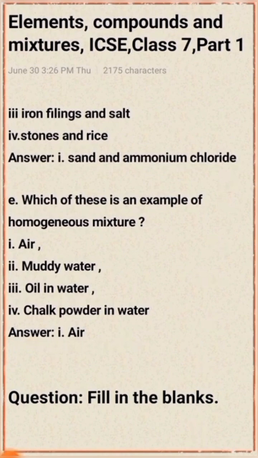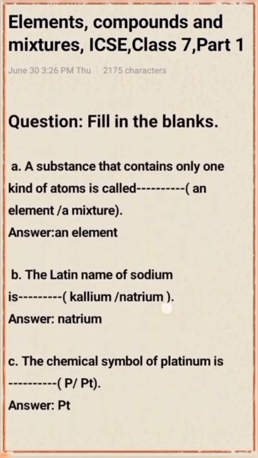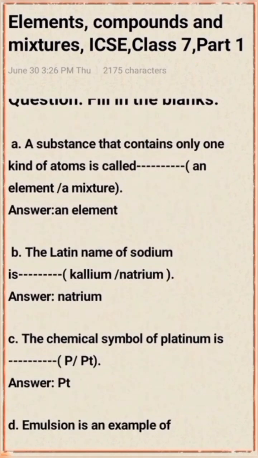Next question type, fill in the blanks. Number A. A substance that contains only one kind of atom is called an element or a mixture. Answer: an element.